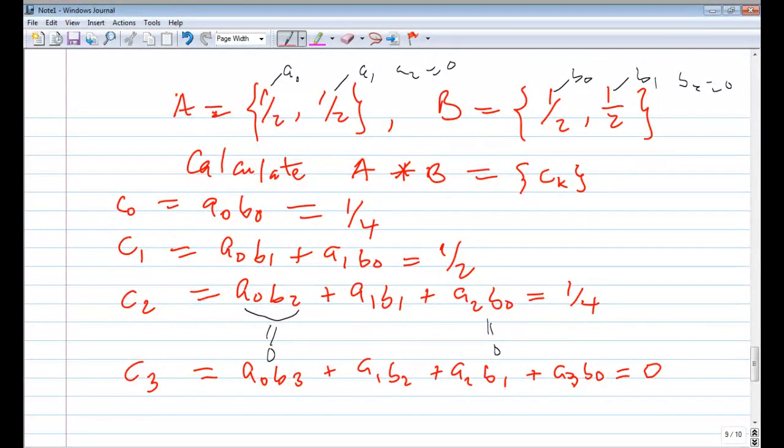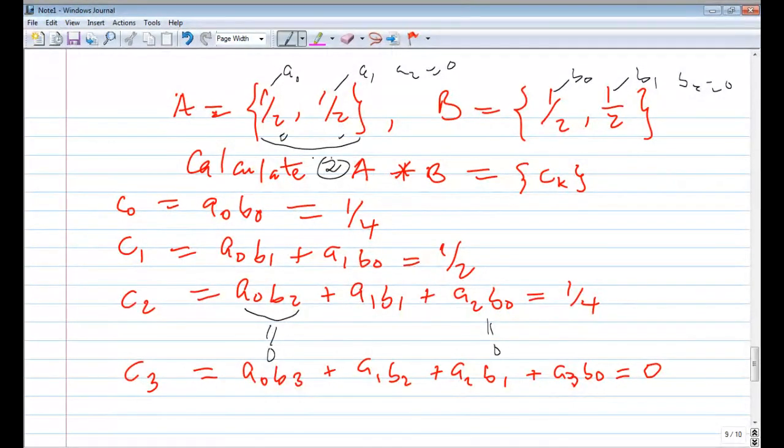Another way to find how many weights you are going to have: check filter A. It has two weights or two outcomes, half and half. There are two, isn't it?